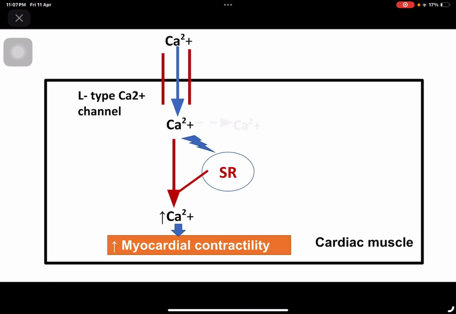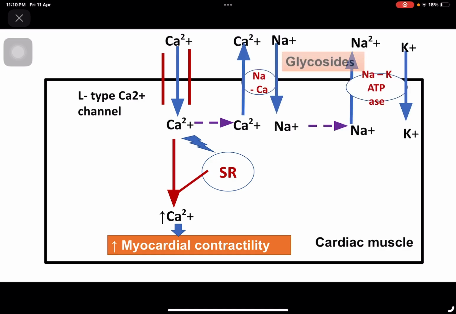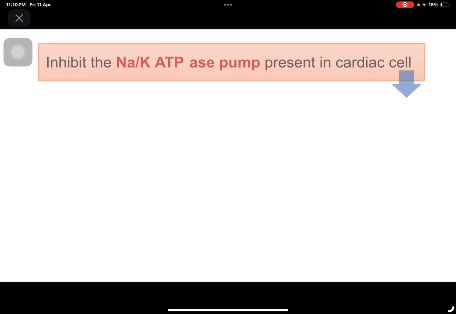This is a pictorial explanation of cardiac glycosides. It inhibits the sodium potassium ATPase pump present in the cardiac cells.